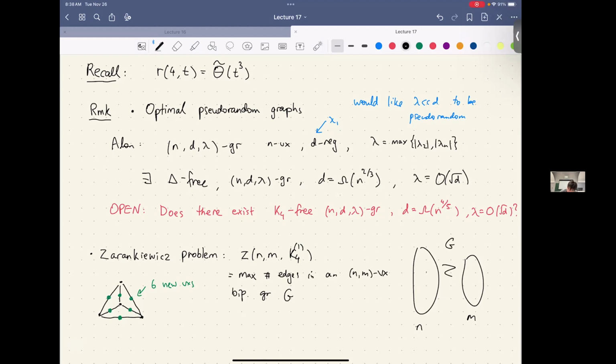So you don't want four vertices here and six vertices here, forming a subdivision of K4. Let's say it's like this. I will not draw all the edges, just to illustrate.